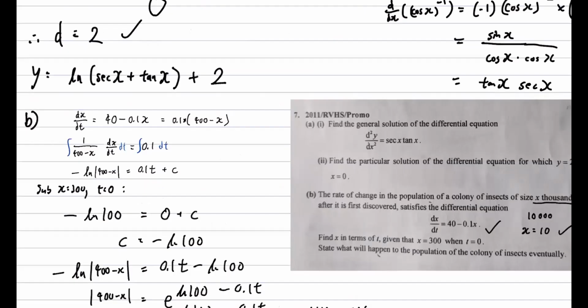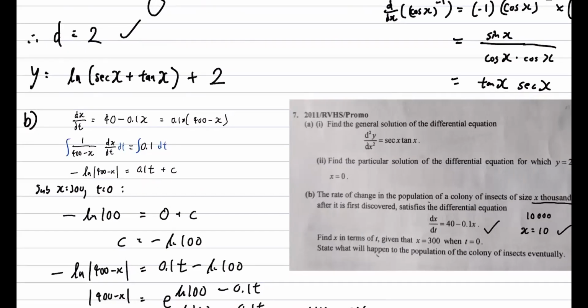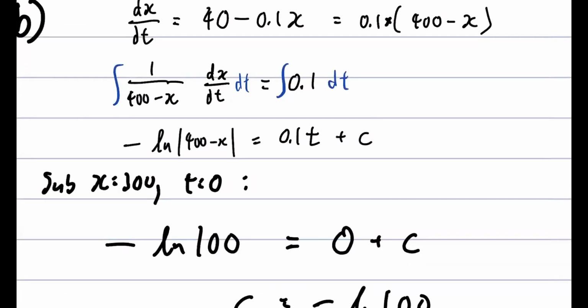What's the initial condition? Can you tell me? x is 300 when t is 0. Exactly. So you just sub in those values. x sub in with 300, t sub in with 0. 400 minus 300, you're left with 100. t sub in with 0.